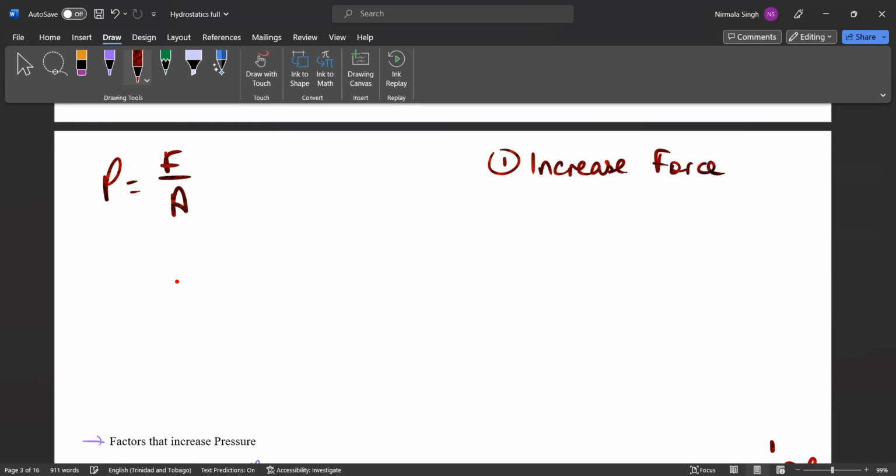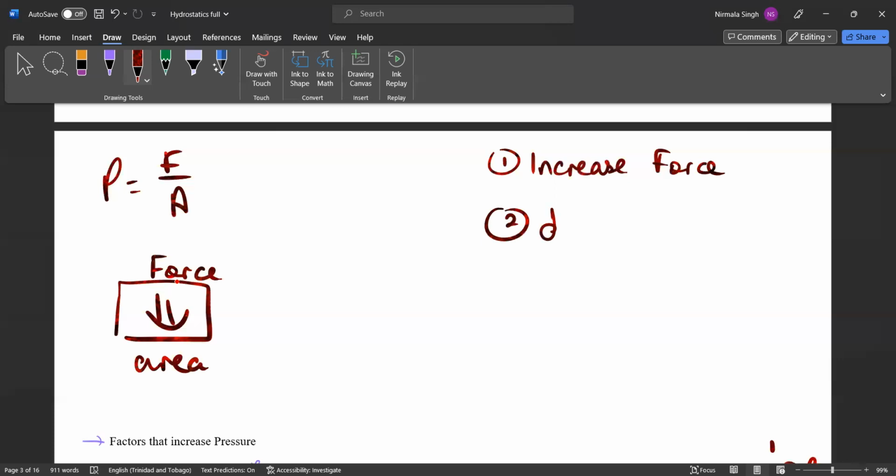Obviously, if you put a bigger force, you're going to get a greater pressure, because what is pressure? Pressure is simply a force acting on a given area. Think about it, right? We're going to do some simple little demonstration just now. So one way to increase your pressure is to increase the force. And we saw just now, we can decrease the area.